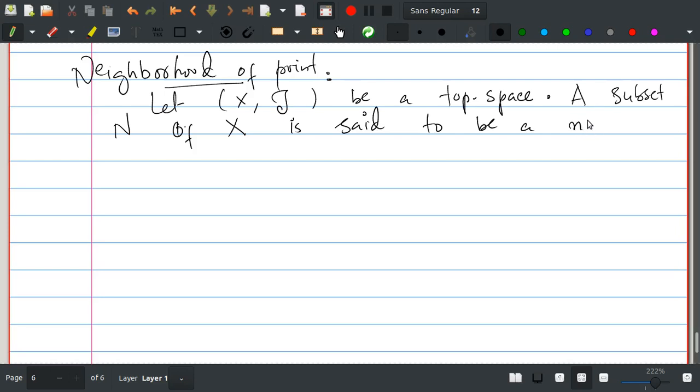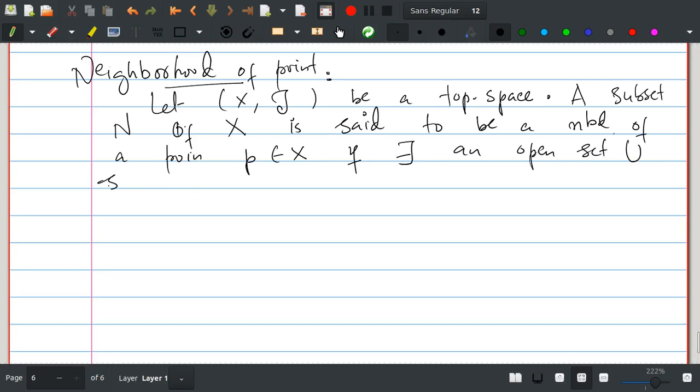As a shorthand, I write the neighborhood by NBD, of a point, say this little p in X, if there exists an open set, say U, such that first condition is this p is in U and this U is contained in N, then we call this N to be a neighborhood of p.